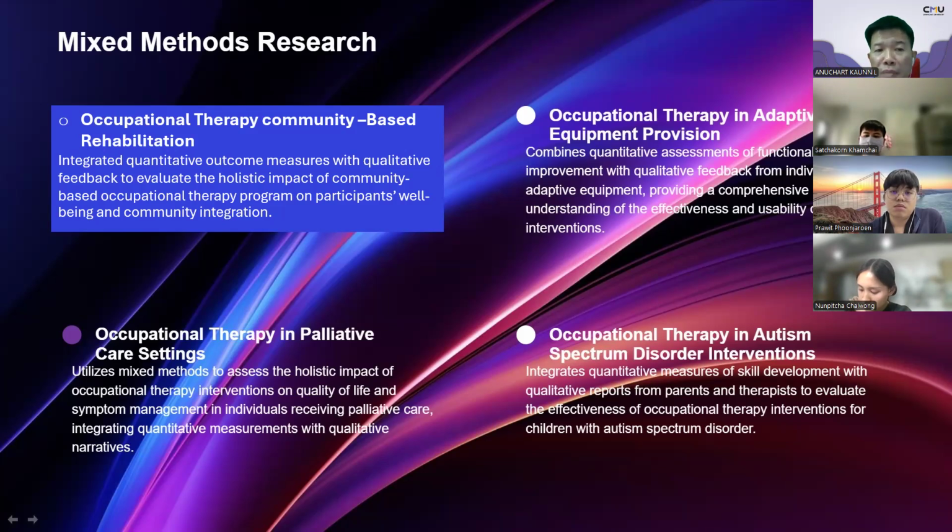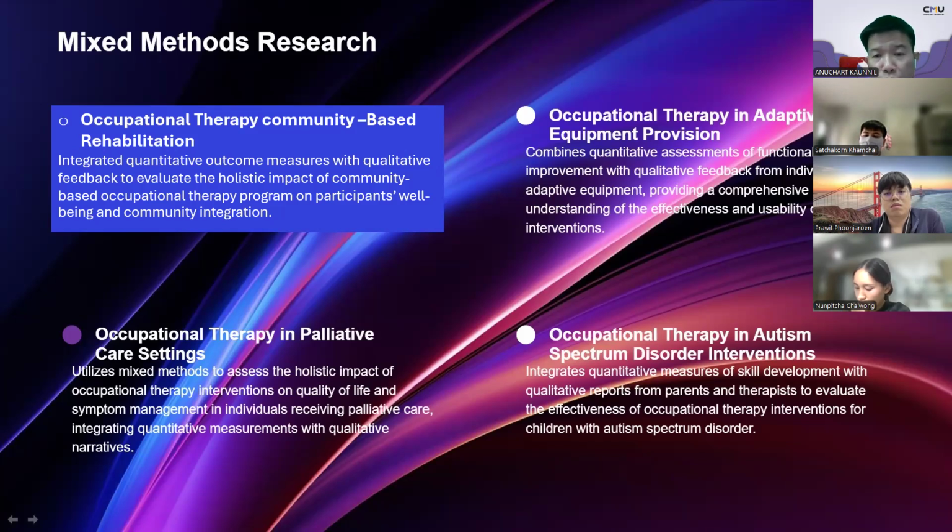In occupational therapy, community-based rehabilitation, I use both. Okay, integrate, combine quantity and quality: use quantitative outcome measures, followed by qualitative feedback, about the holistic impact of a community-based occupational therapy program. Now we do like this in Doi Lor as well. I'm waiting for the result, it's under review now, for Doi Lor.